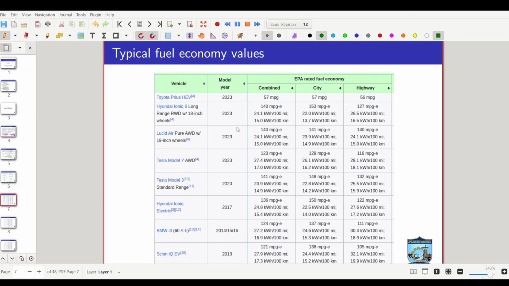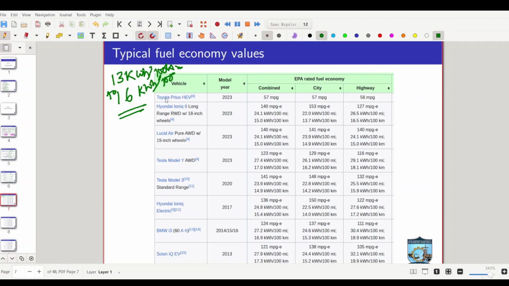As we discussed, we will assume 13 to 16 kilowatt hour per 100 kilometer as the fuel efficiency for the electric vehicles available on road in India.